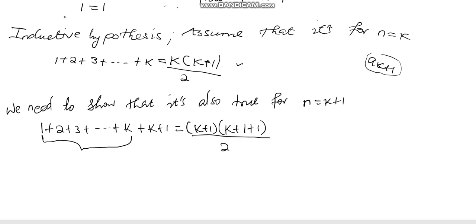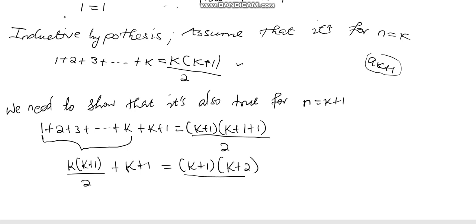So we're going to have k, open brackets, k plus 1, divided by 2, plus the k plus 1th term, k plus 1, equal to k plus 1 and k plus 2, divided by 2.